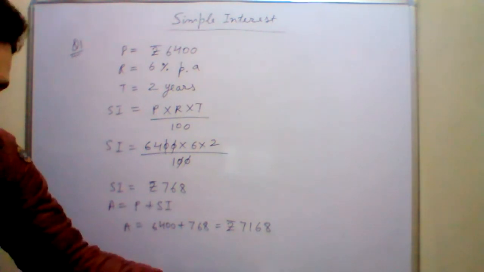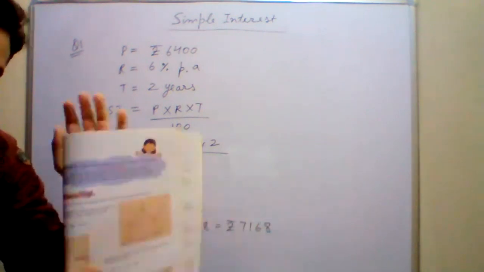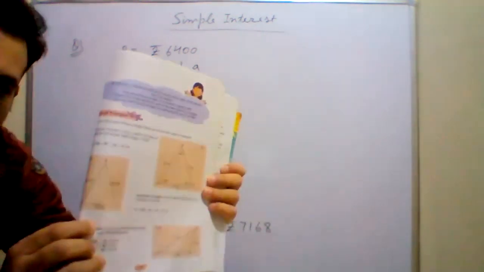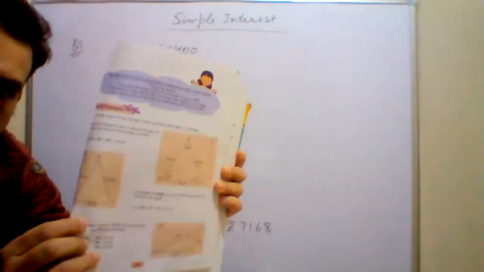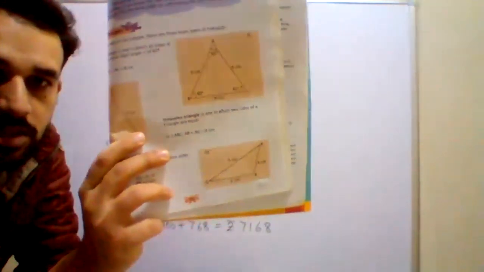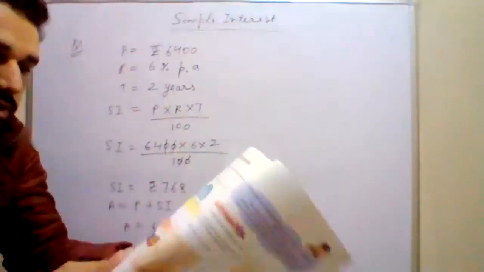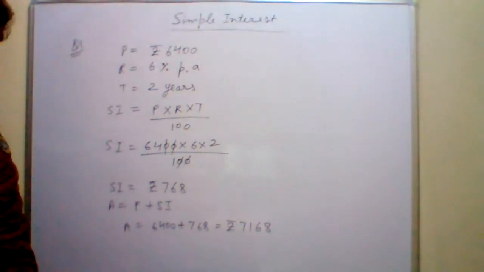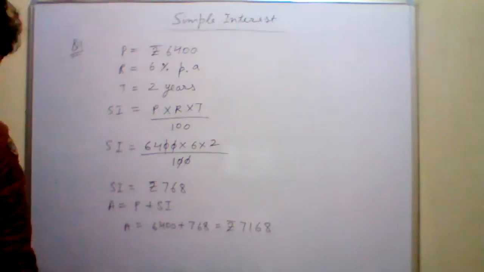Okay, on that page, you will see these three figures in your book. आपको ये तीन figures book पर दिखेंगे. So these are equilateral triangle, isosceles triangle, and scalene triangle. So write down the heading, types of triangles.